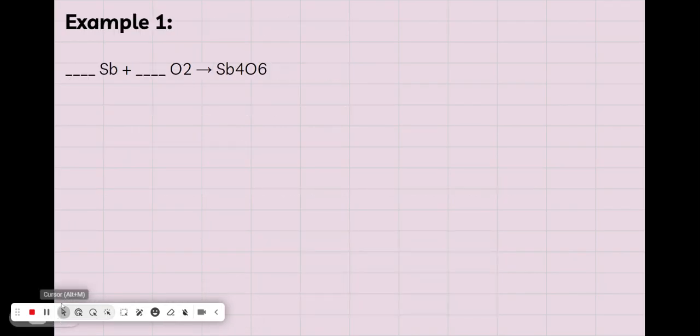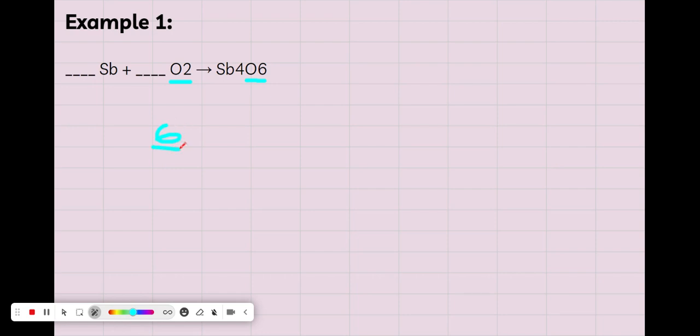Okay, so let's look at example 1. We have a little bit of Sb plus some amount of oxygen, which gets us 4 Sb and 6 oxygen. This equation is really easy because it's even numbers, so we don't have much hard work. We have 2 oxygens here, but we have 6 oxygens here.